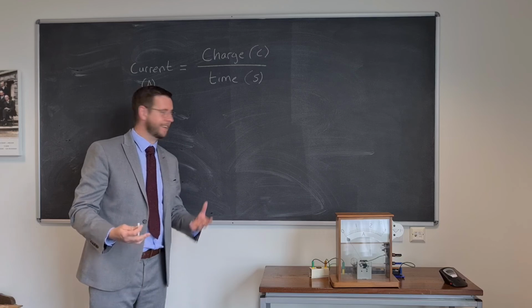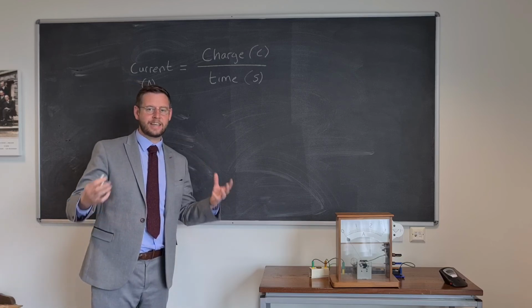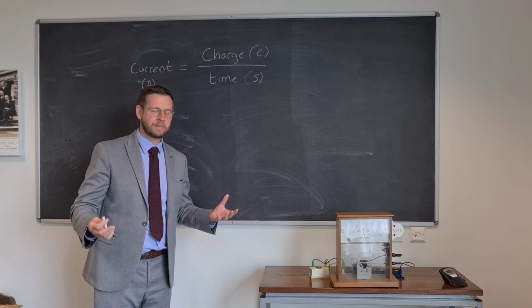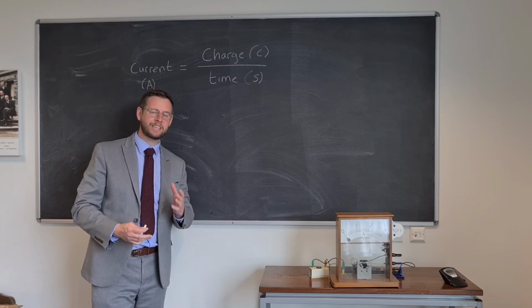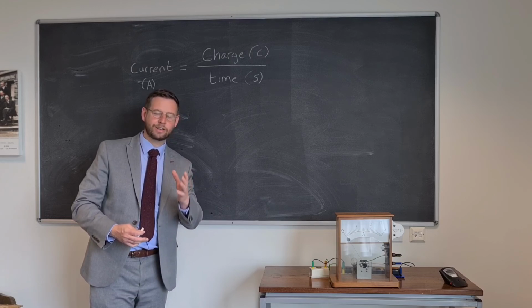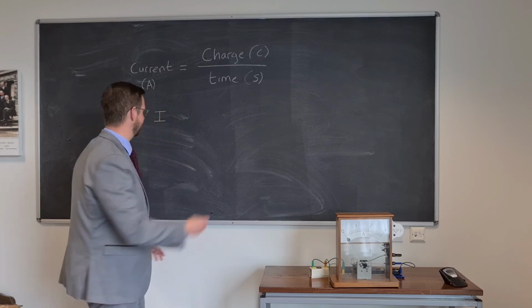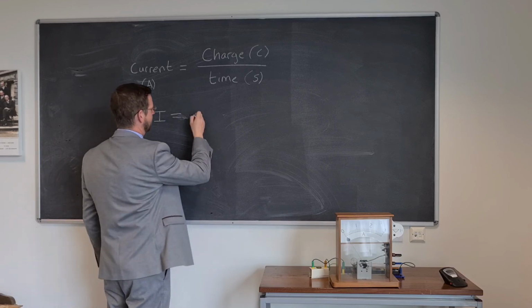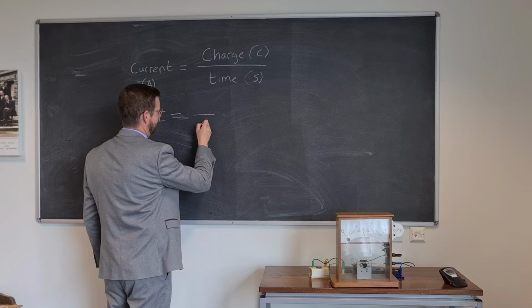And he decided to call this the intensité de courant. And so I got used instead of a C. So you've got to remember, when you see an I in an equation, it represents current and not anything else. And this is equal to the charge divided by the time.